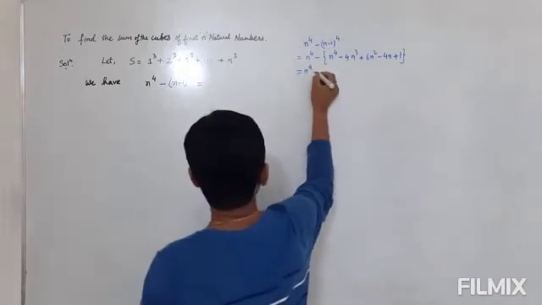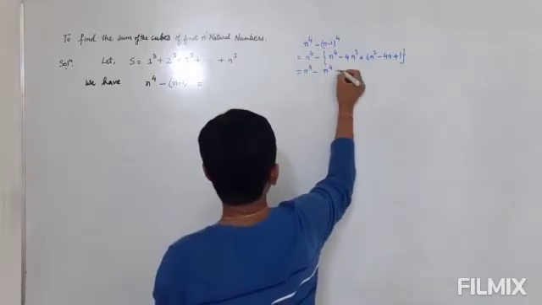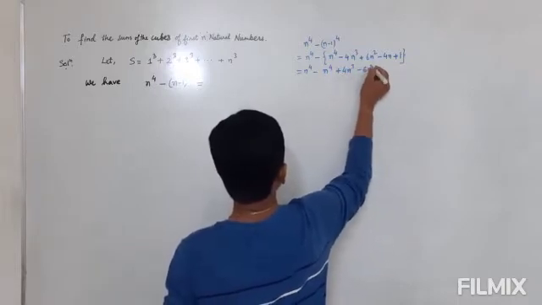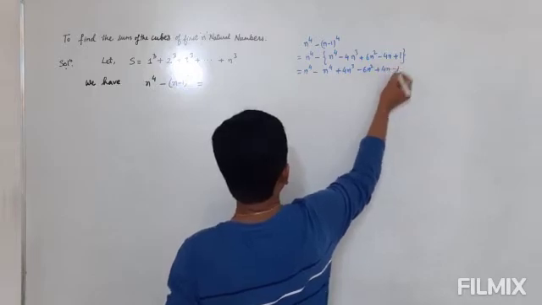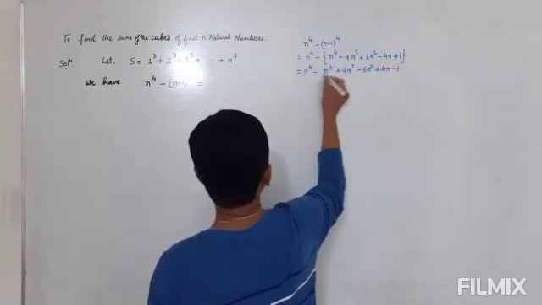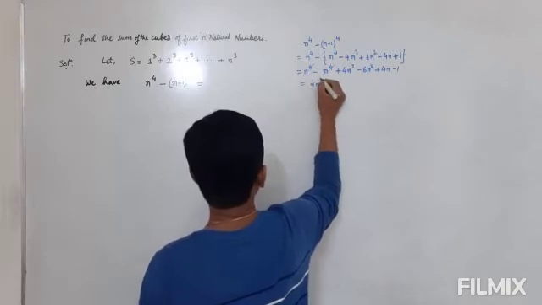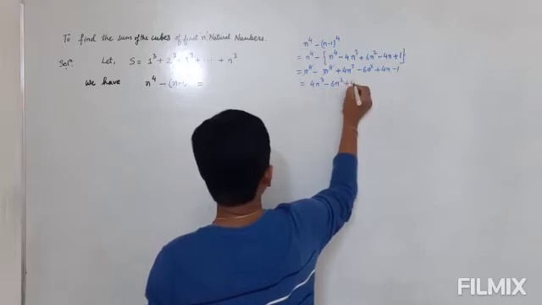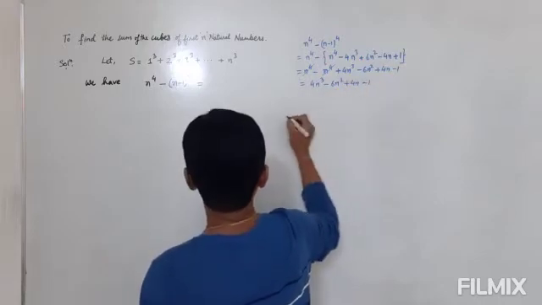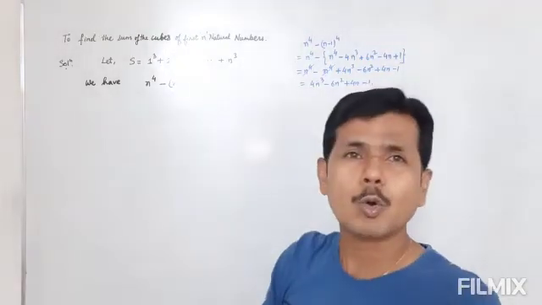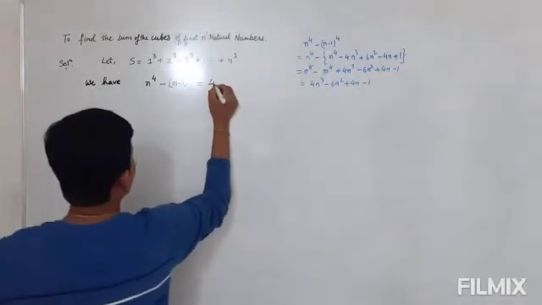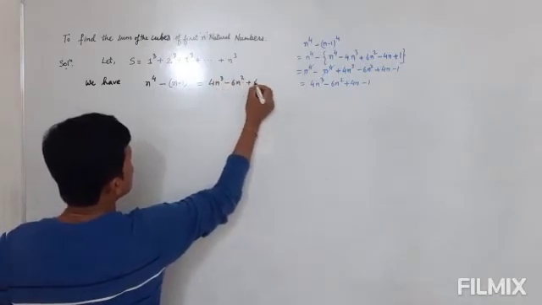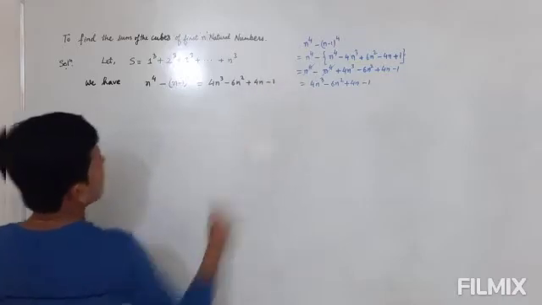When you open up the bracket, you have n to the power 4 minus n to the power 4 plus 4n cube minus 6n square plus 4n minus 1, and this n to the power 4 and n to the power 4 get cancelled, so you are left with only 4n cube minus 6n square plus 4n minus 1. Now I am going to write it over here: 4n cube minus 6n square plus 4n minus 1.